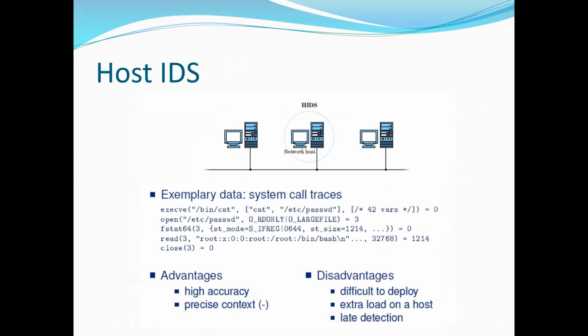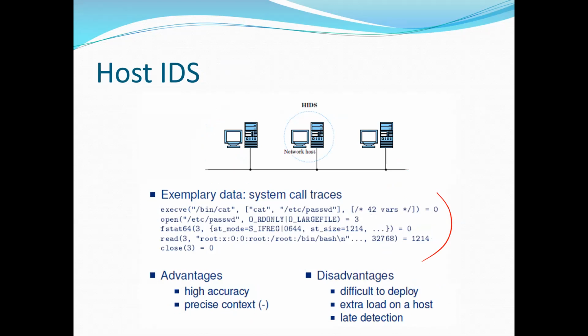On the host IDS, you might assume that's a device just looking at packets for itself. You could also have IDSs that, besides looking at the network data, also look at logs, so log files are another thing it could look at.